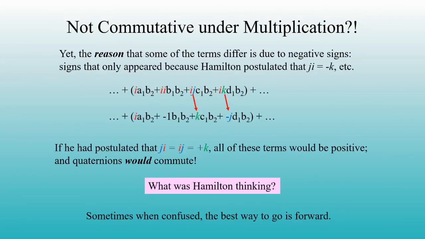But consider, if he instead used the rule that ji equals ij equals plus k, then all four of the i, j, and k terms would be positive and therefore match up. That is, if he discovered a different ijk multiplication rule, he could have gotten quaternions to be commutative under multiplication. Why didn't he? What was he thinking? Hold that thought.